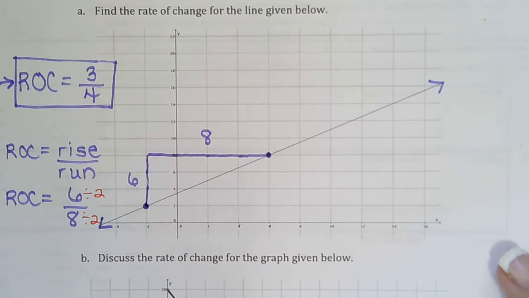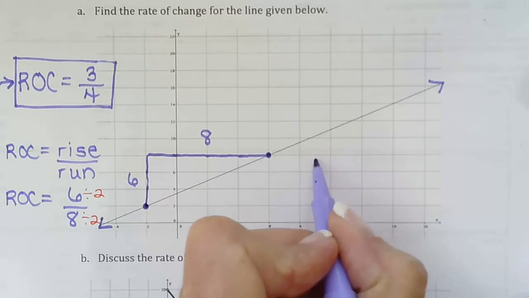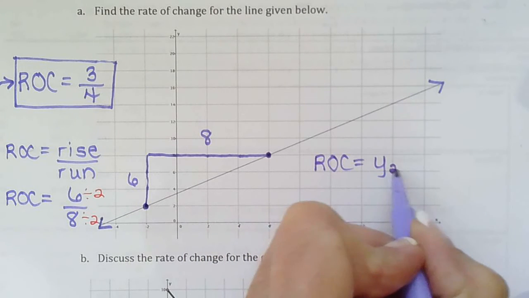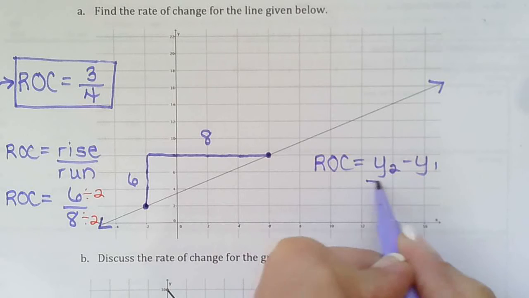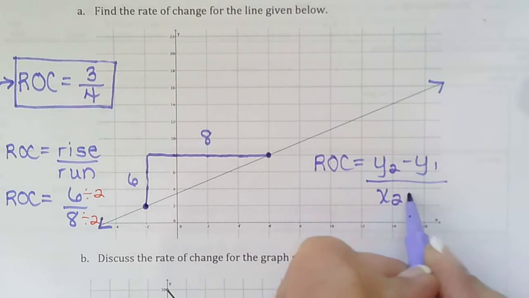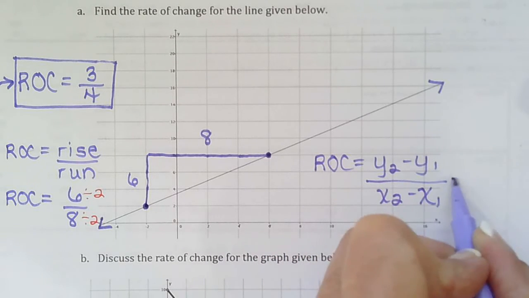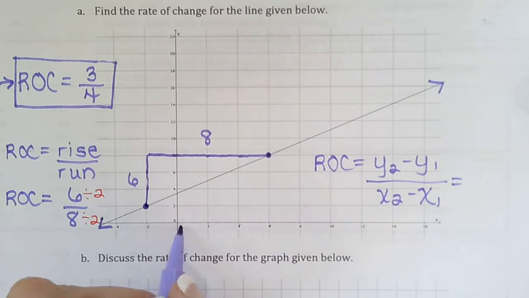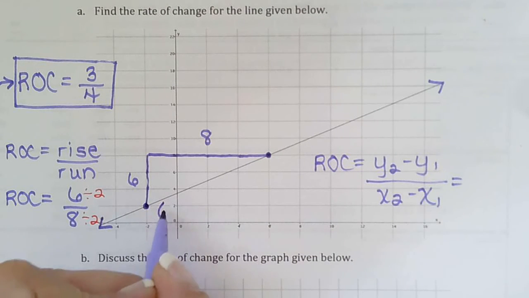Now let's try the point method and see if we get the same answer. Remember, using points, our formula is y sub 2 minus y sub 1 over x sub 2 minus x sub 1. So we need to label our 2 points. On this one, x is negative 2, y is positive 2.